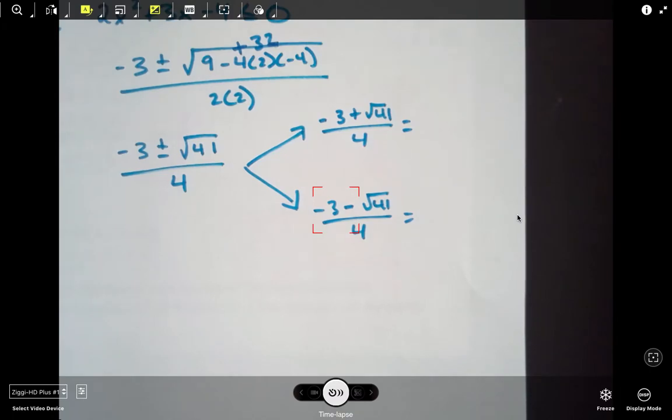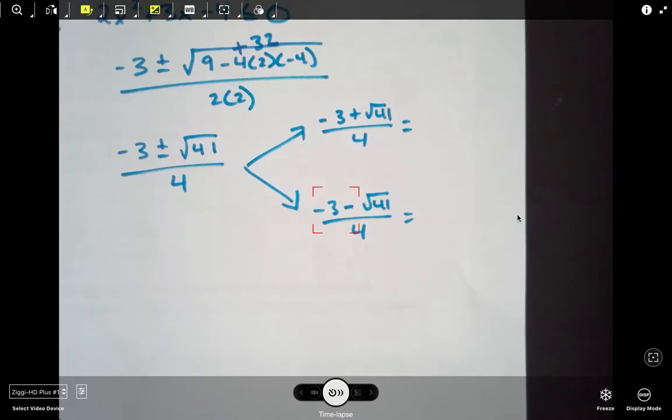What are those two decimal things? If you're doing this on a non-fancy calculator, make sure you're using parentheses.